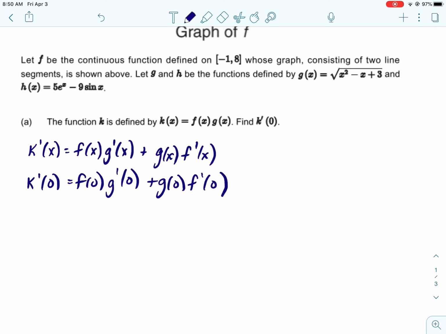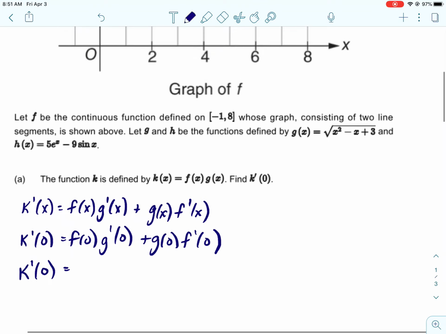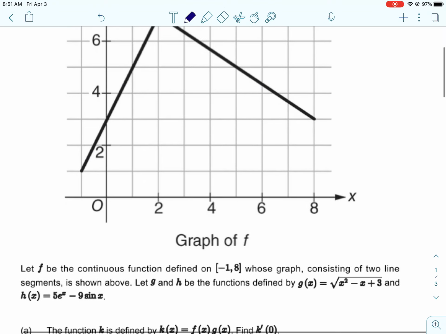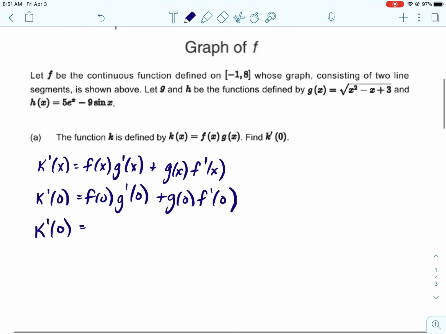Then put in 0. All right, so all the f of 0, f prime of 0s on this, we are going to get from the graph. And then the g stuff, we are going to get from the calculator.